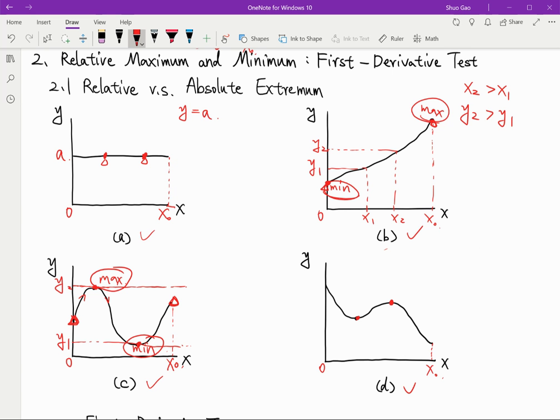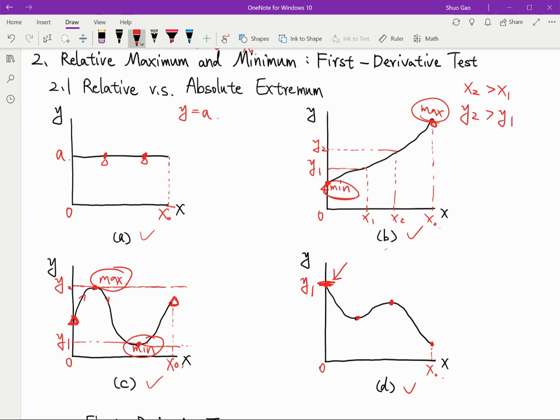But what is different from graph D to graph C is that for the endpoints here, the value here, we call that y1, right? Value y1 is larger than any of the y values in the range, right?